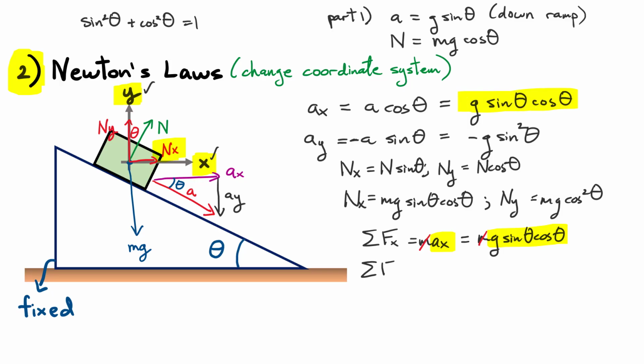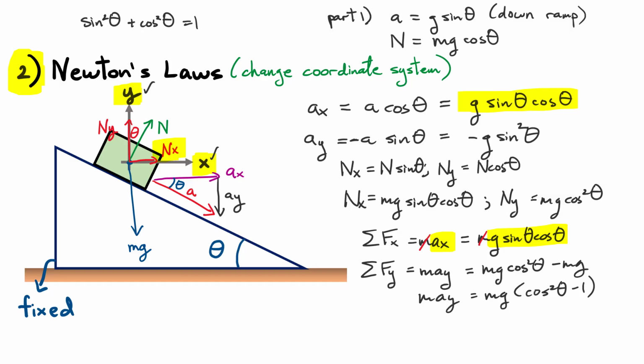If you do the sum of the forces along the vertical direction, we have two forces. That has to be equal to m ay. There's a normal component, the vertical component Ny, which was mg cosine squared theta. And we have simply mg acting down. What you could do again is factor out mg, and here you're left with cosine squared theta minus 1, and on this side, you're left with m ay.